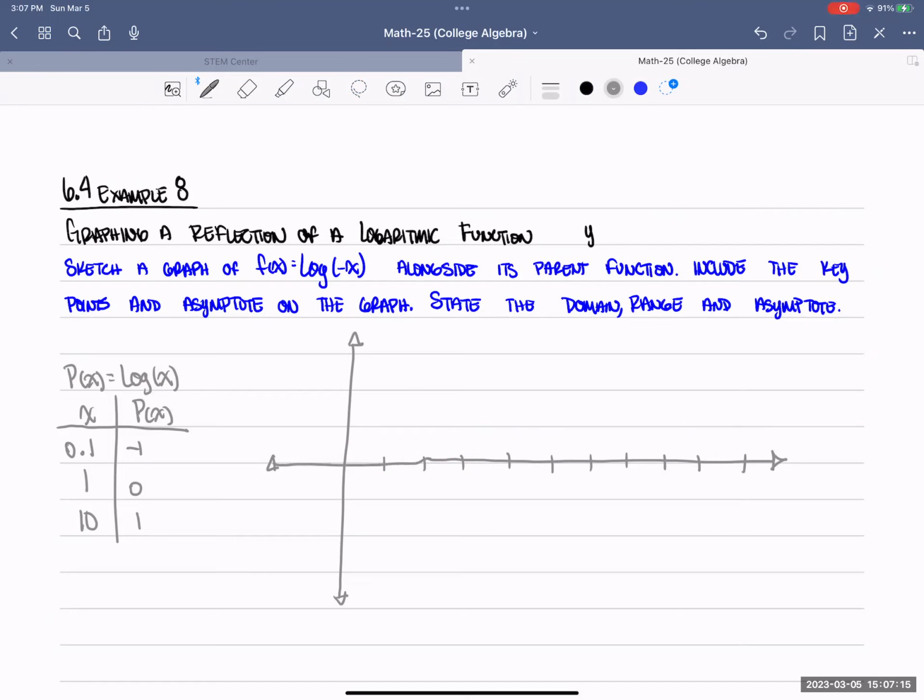Much better. So when we input 10, we output 1. When we input 1, we output 0. And when we input 1/10 or 0.1, we output -1.